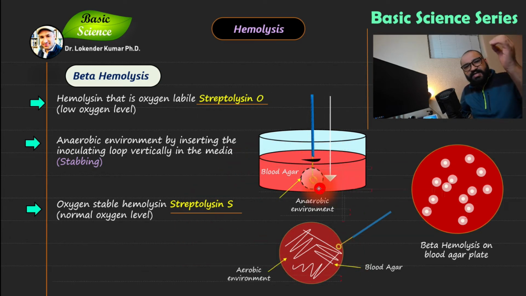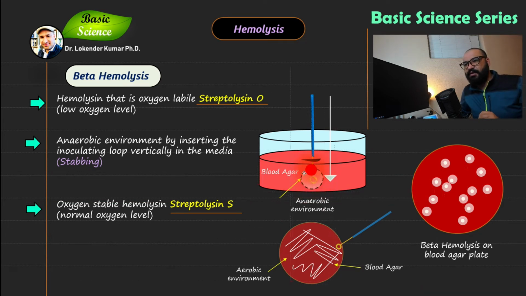But if you stab the blood agar, because you will have a thick layer of blood agar in the plate, using the inoculation loop which is full with the bacterial inoculum, the loop will get inserted into the blood agar, and inside the blood agar, bacteria will get transferred.